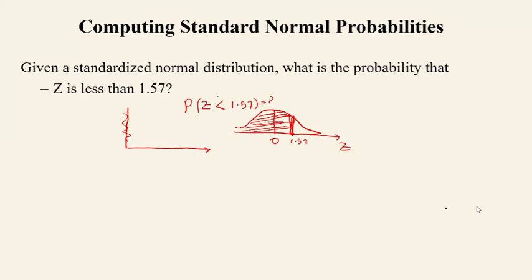This area we know is 0.5, because symmetrically it is divided by half. So only we need this other area.